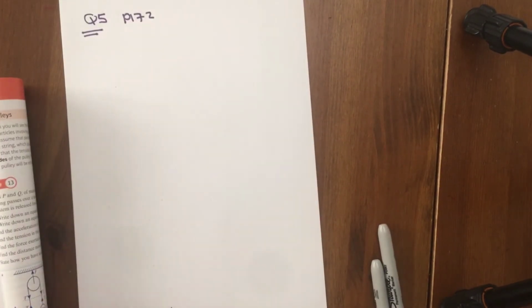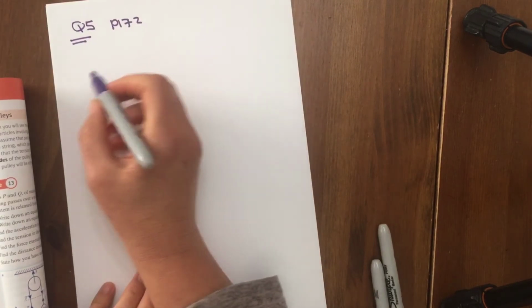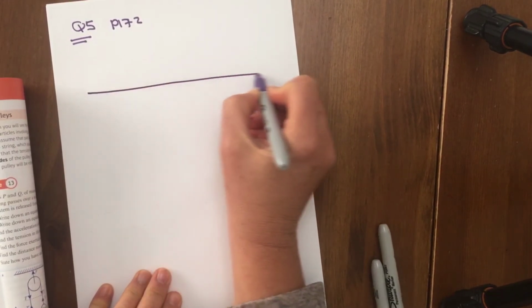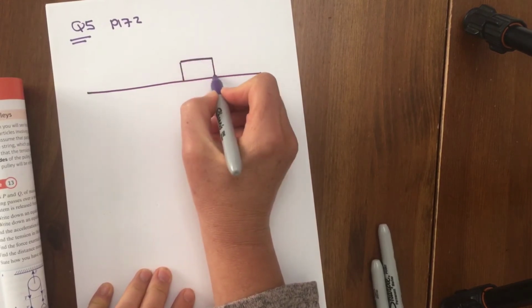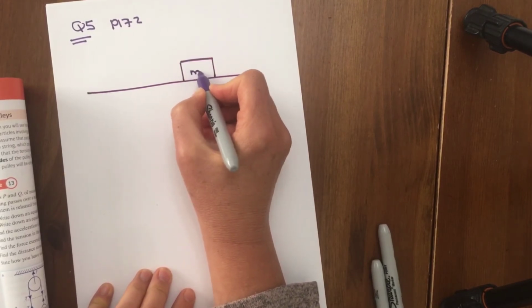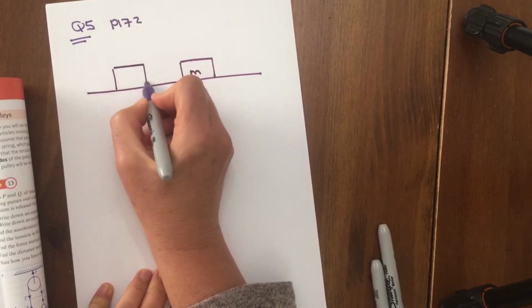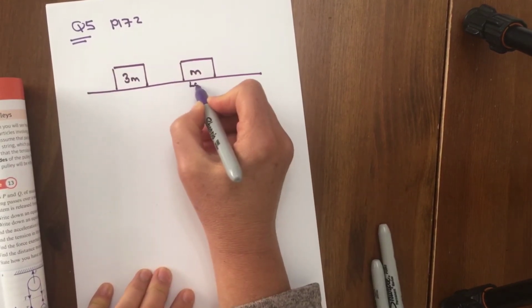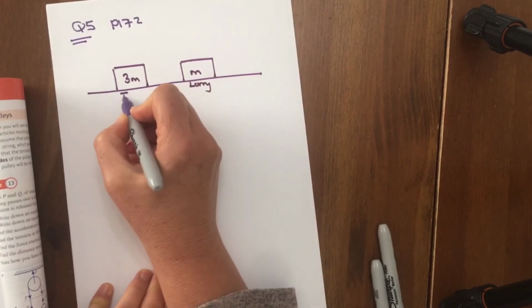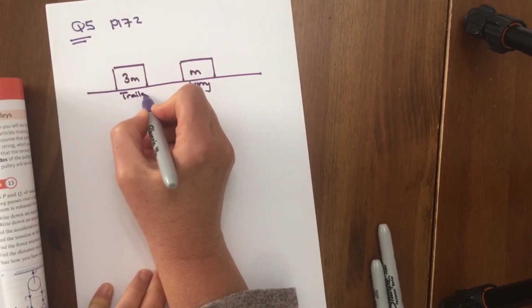So, well done for getting the sketch. So, I've got a lorry of mass M pulling a trailer of mass 3M. So this is my lorry and this is my trailer, just showing them by rectangles.